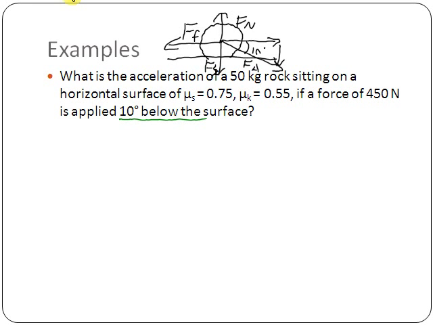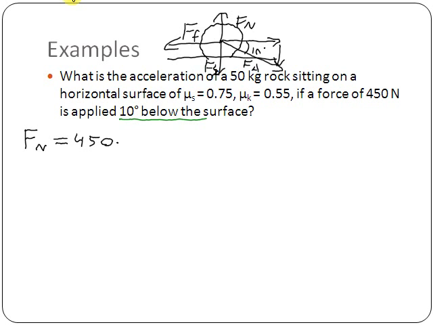And so if we were to set these up and add them up, we would say that in the positive direction, we have the normal force, Fn. And that normal force would have to be equal to, in order to cancel out so we don't have a net force in the y direction, the two forces downward. And those two forces downward, first, are the y component of the applied force. The applied force is 450 newtons times the y direction.